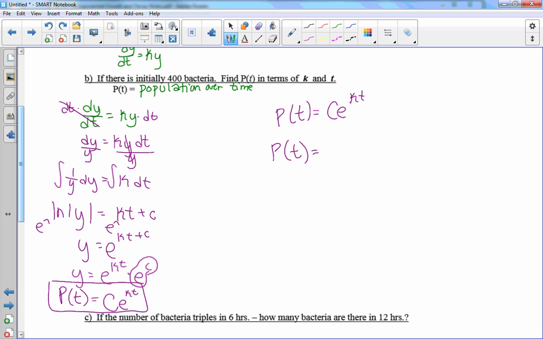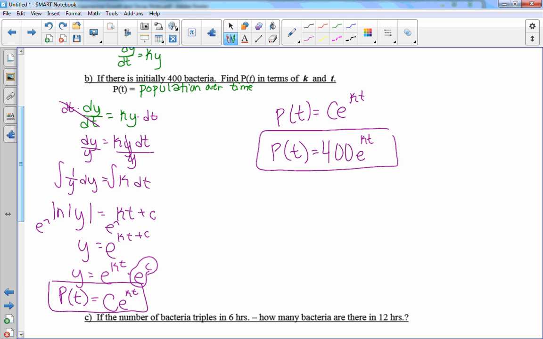No. Do we know C? Yeah, C is 400. E is a number. Do we know K and T? No. So this is the population over time, at any time, when the initial bacteria is 400.